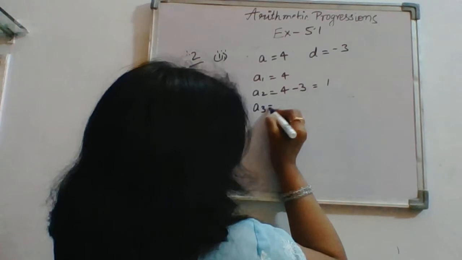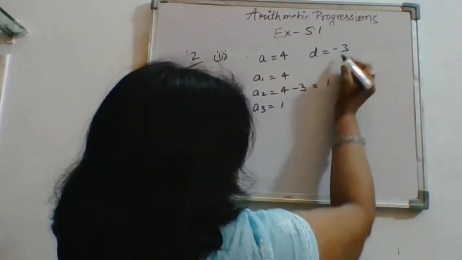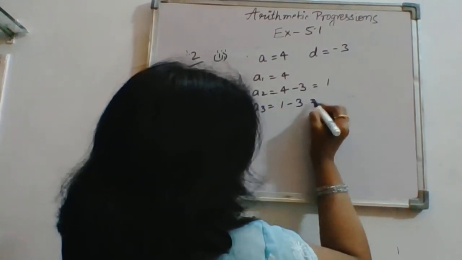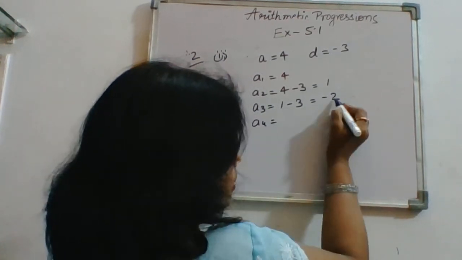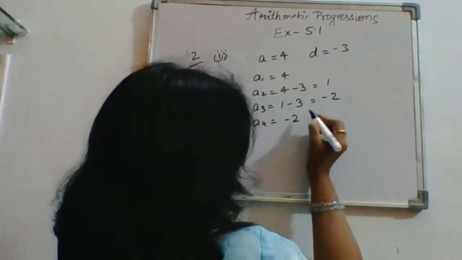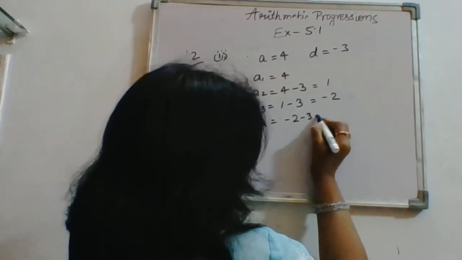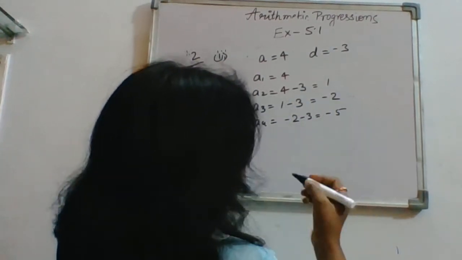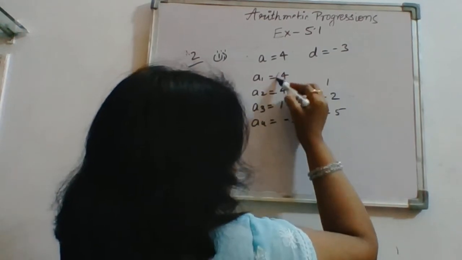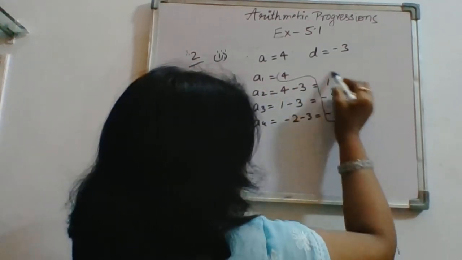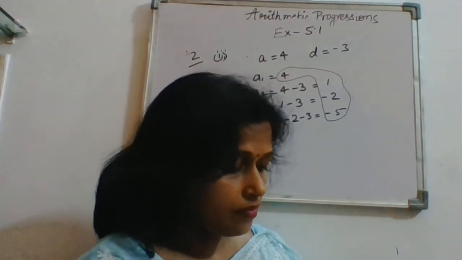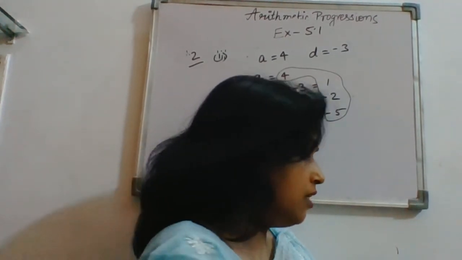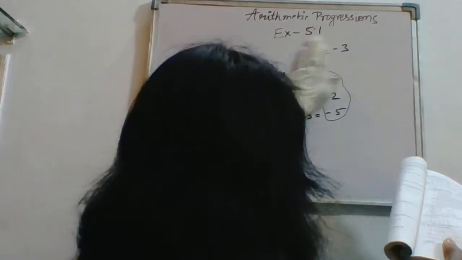A3 will be, the preceding term is 1, in this we add minus 3, so 1 minus 3 will be minus 2, and A4 will be, the preceding term is minus 2, in this we add minus 3, so it will be minus 5. So the 4 terms of the AP are 4, 1, minus 2, minus 5, right? Similarly, see the fifth part now.